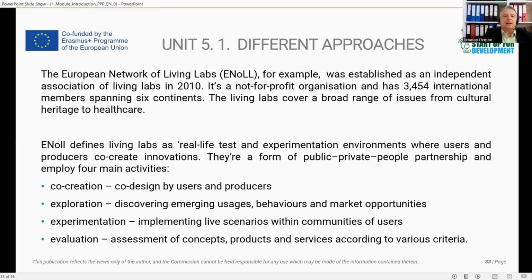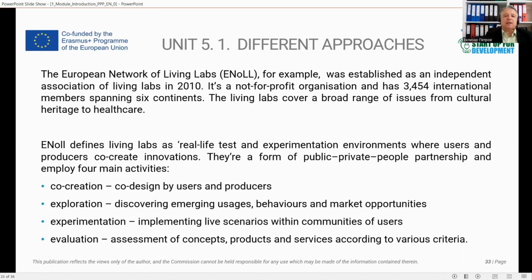The European Network of Living Labs defines living labs as real-life test and experimental environments where users and producers co-create innovations.